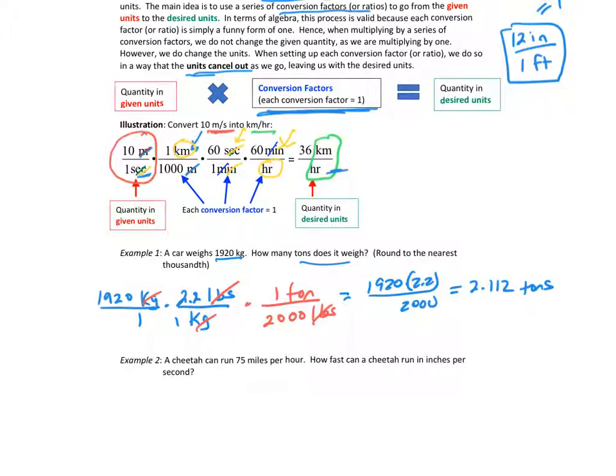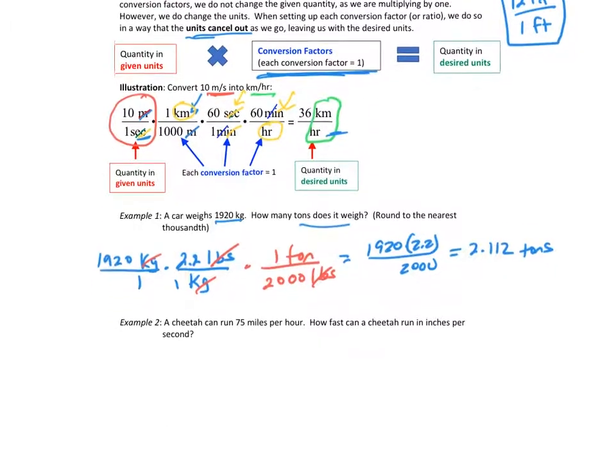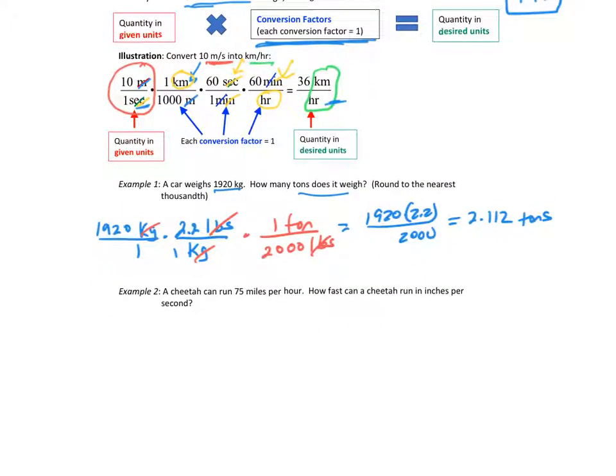The second example, we're given that a cheetah can run 75 miles per hour. And we want to convert that into inches per second. So we're going to start here. We have 75 miles per hour. And at the end, we want to be in inches per second. All right, so I'm going to start with time.